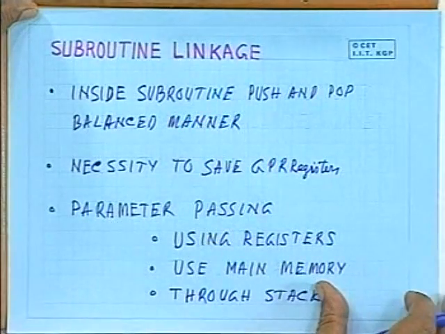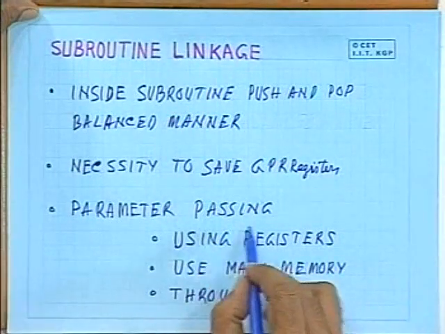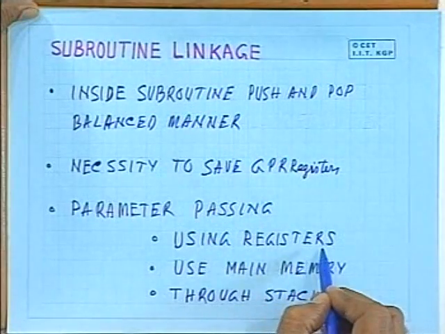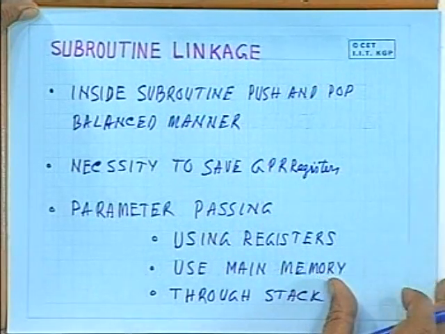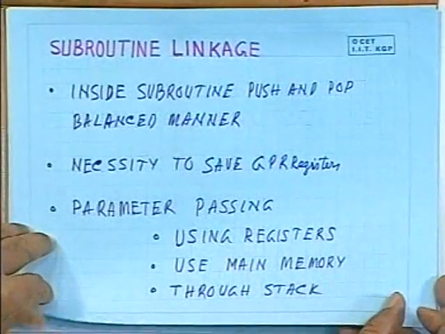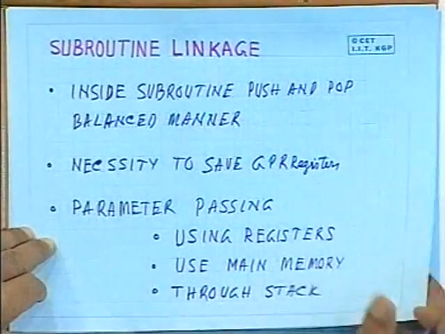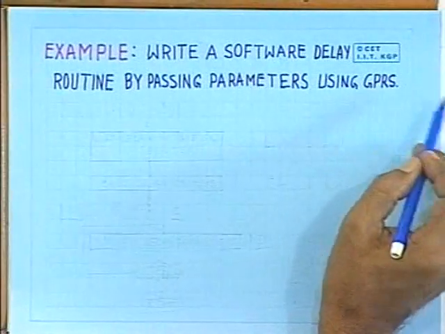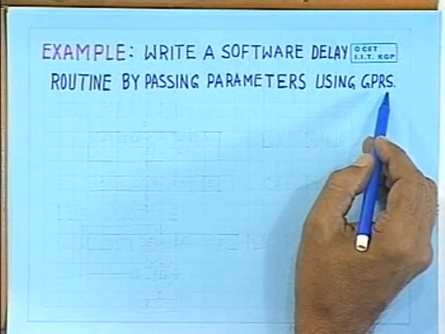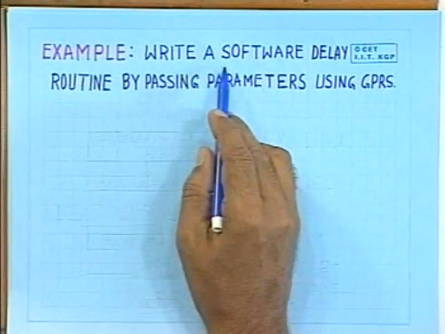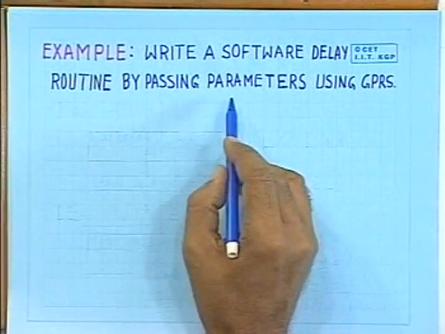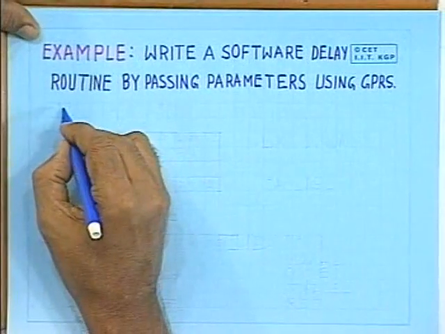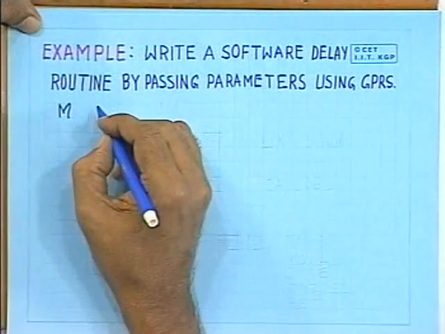Let me illustrate the use of parameter passing by using registers, which is the simplest and most widely used, and how program linkage is done by passing parameters. The problem that I shall use to illustrate the parameter passing is: write a software delay routine by passing parameters using the general purpose registers. So, you will have two programs, one is the main program.